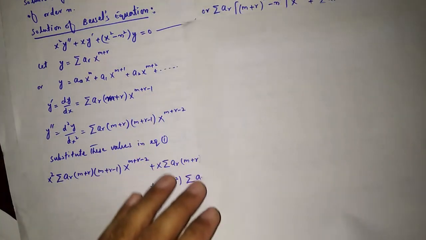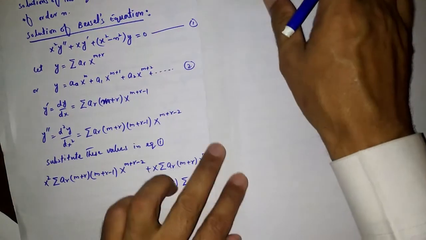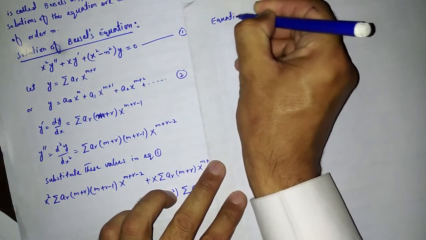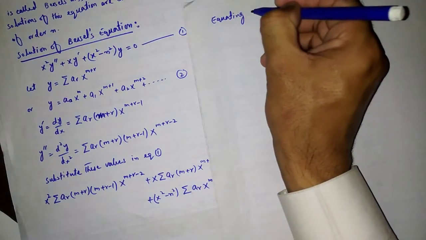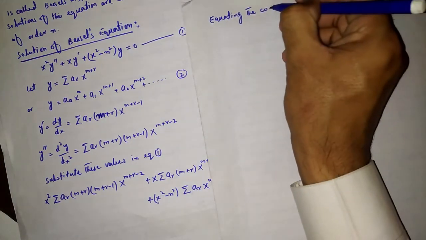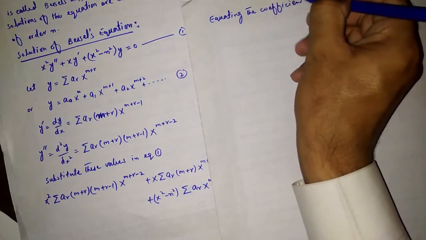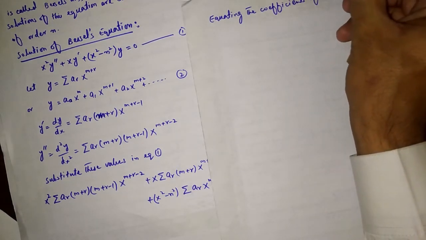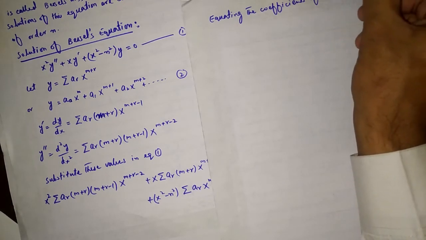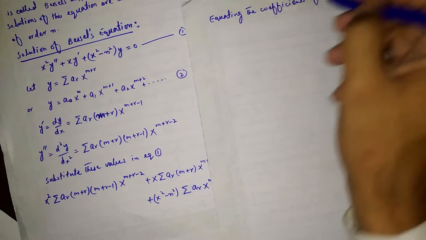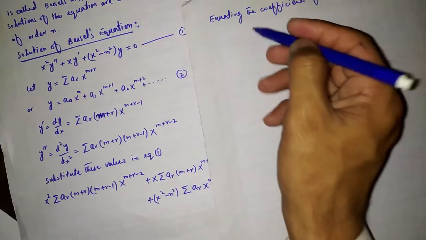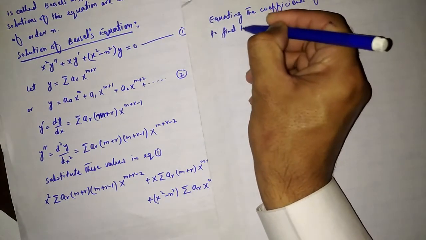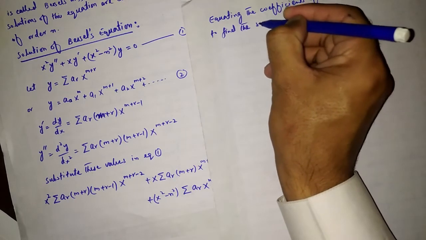Therefore, equating the coefficients of x to the power m plus r plus 2 to 0 to find the successive coefficients.